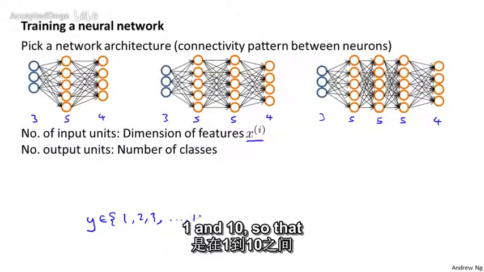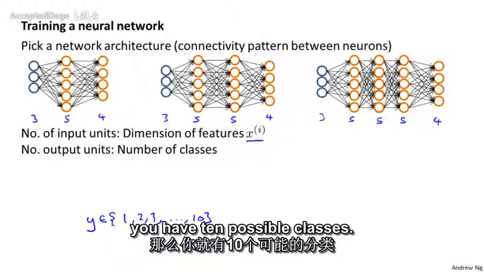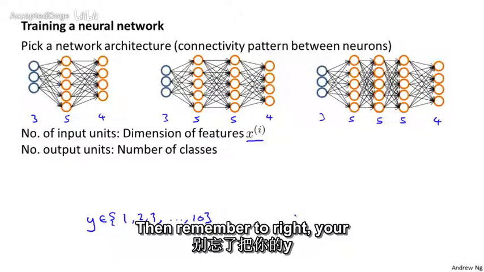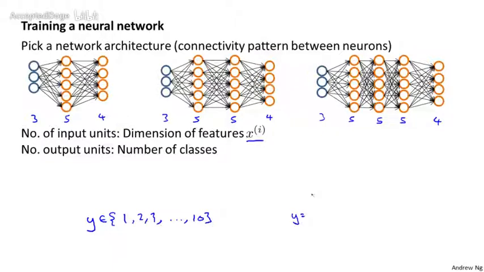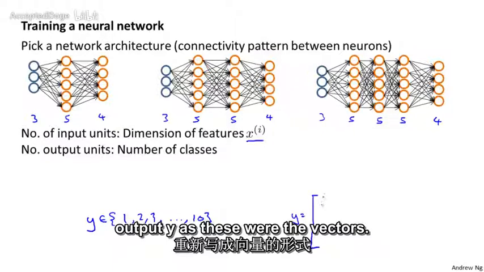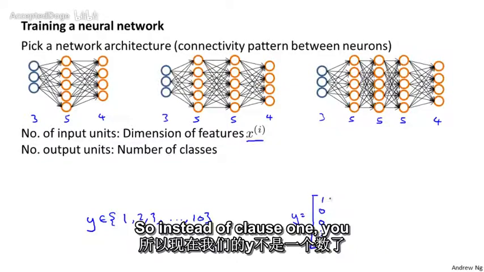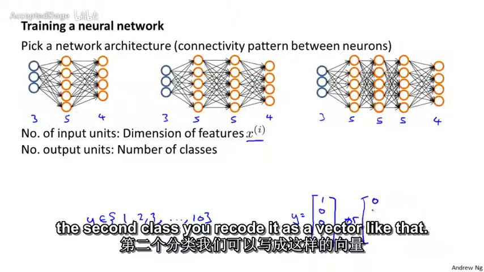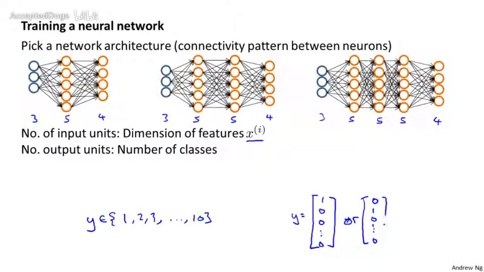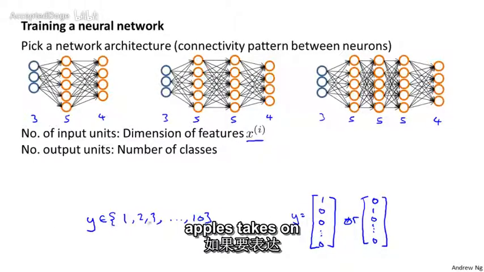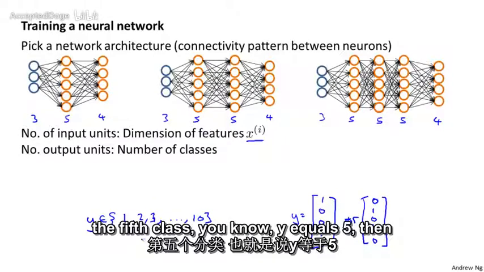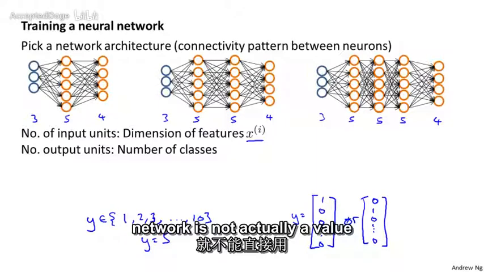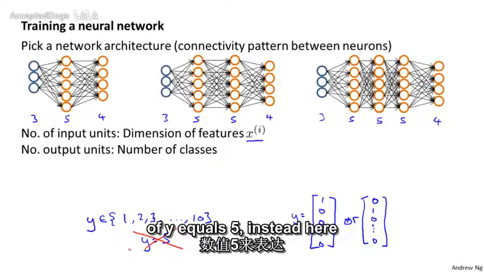And just a reminder, if you have a multi-class classification where y takes on, say, values between 1 and 10, so that you have 10 possible classes, then remember to rewrite your outputs y as these sorts of vectors, right? So instead of class 1, you recode it as a vector like that, or for the second class, you recode it as a vector like that. So if one of your examples takes on the 5th class, y equals 5, then what you're showing to your neural network is not actually a value of y equals 5.